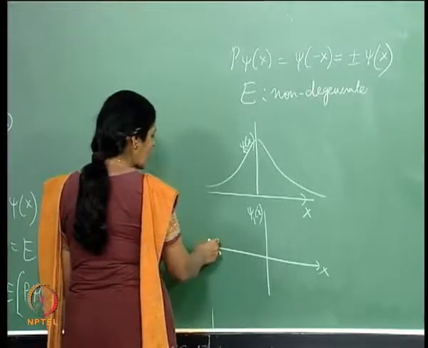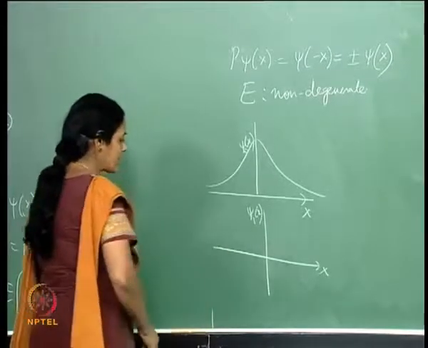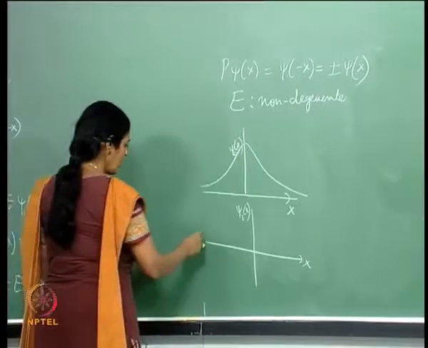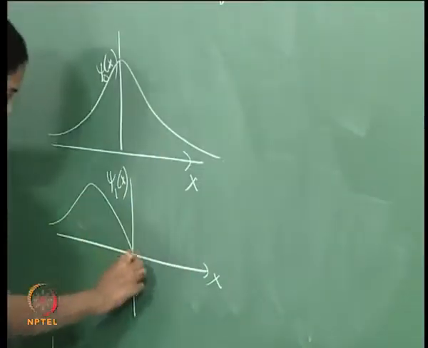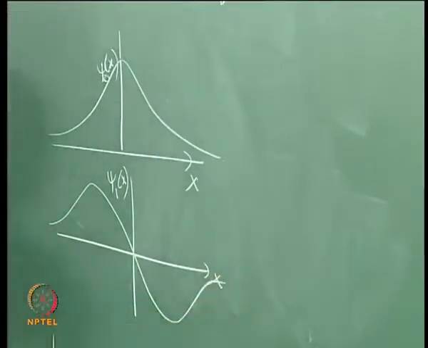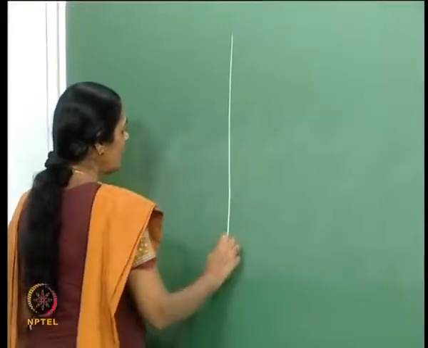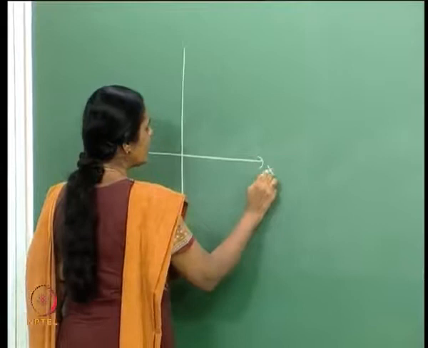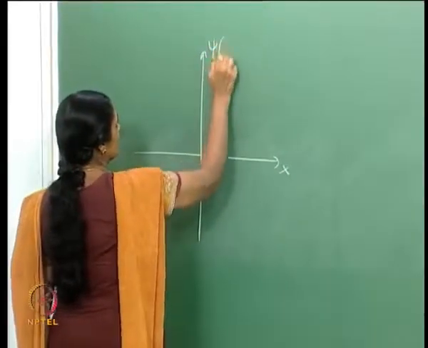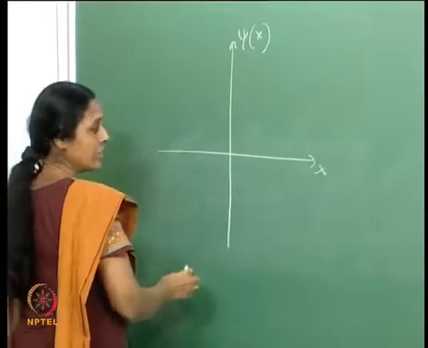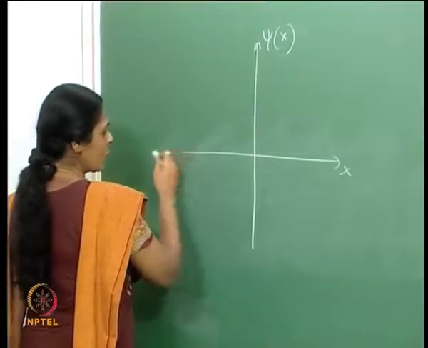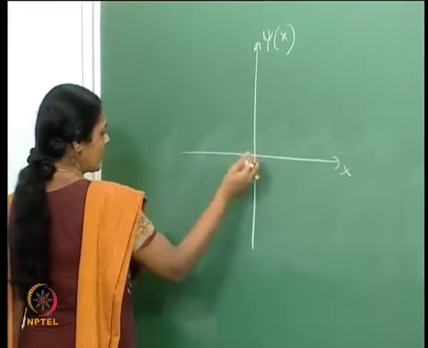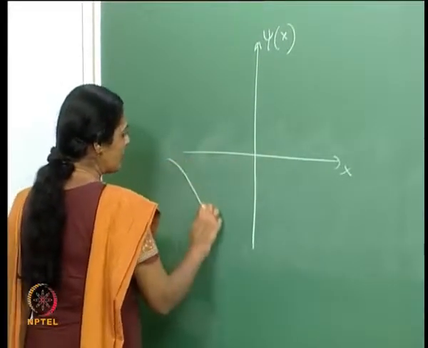As x goes to plus minus infinity, psi of x goes to 0. Like that. Look at this. This is another odd function of x. So x goes between its range minus infinity to infinity.